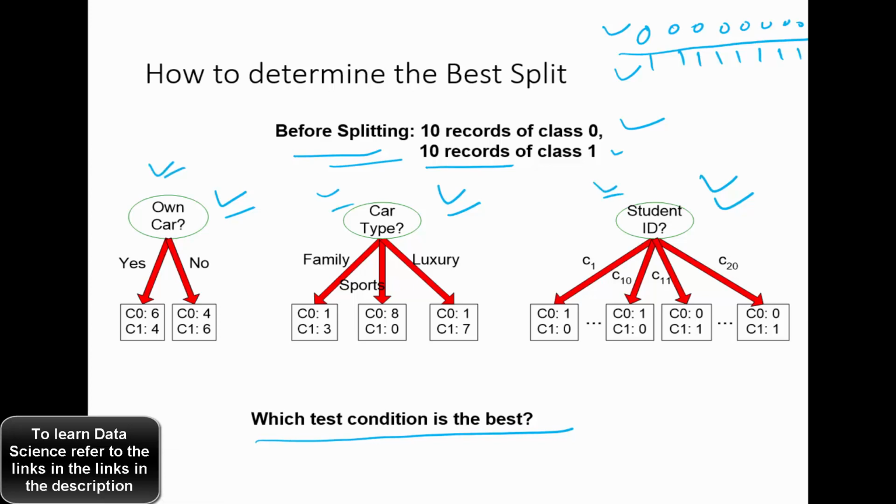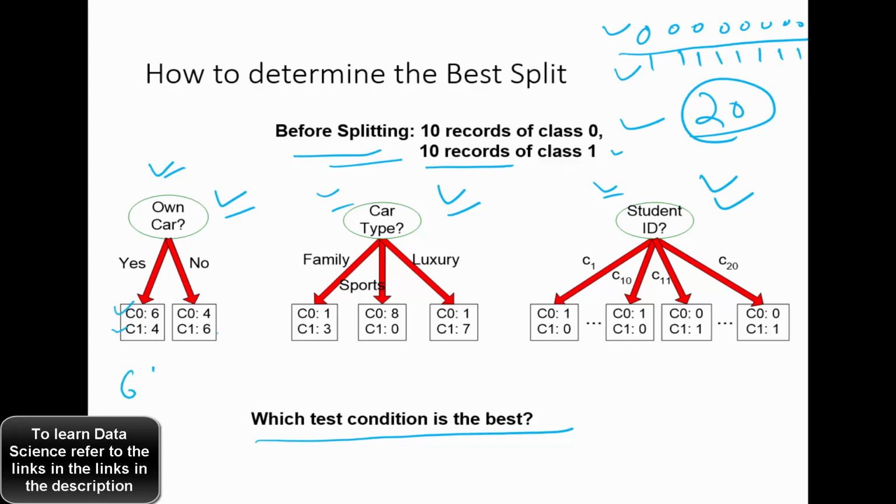Now let's see the distribution of these observations: 10 zeros and 10 ones, 20 observations, right? For car ownership, yes and no. We can see that for yes, the zeros are 6 and the ones are 4, and for no it's 4 and 6. Car ownership yes, 6 people are 0 and 4 of them are 1.